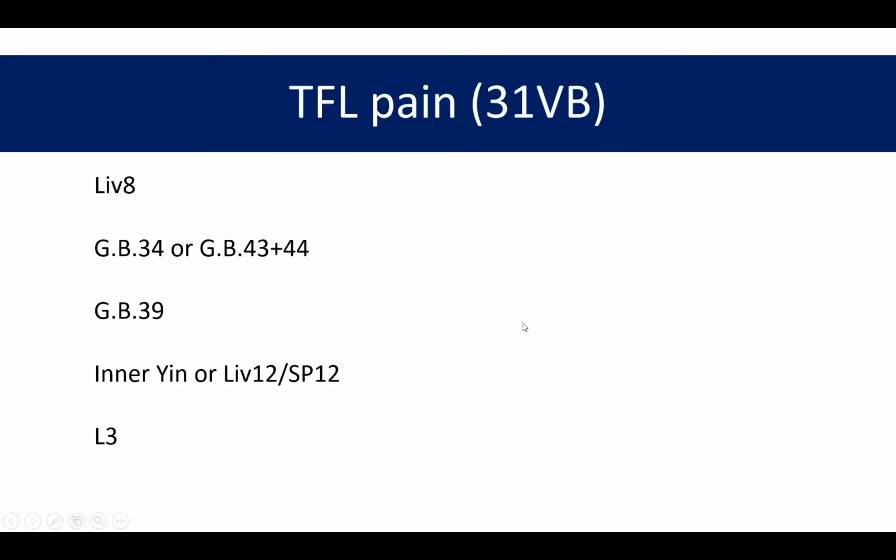So, all right. Then she asked about the tensor fascia lata, and actually she means the IT band because the tensor fascia lata is the muscle at the top. So around gallbladder 31. Okay, so liver 8 because it's a tendon, and either gallbladder 34 or the metal water of gallbladder 43 and 44.